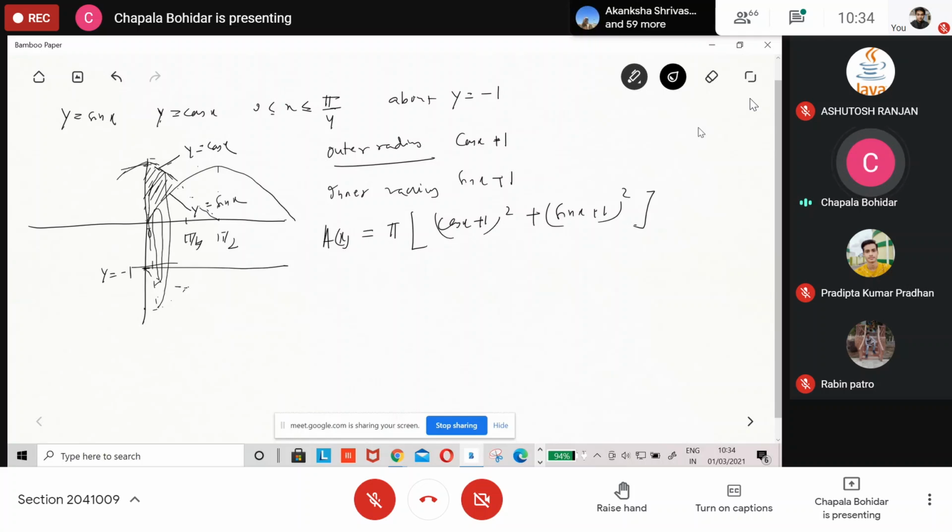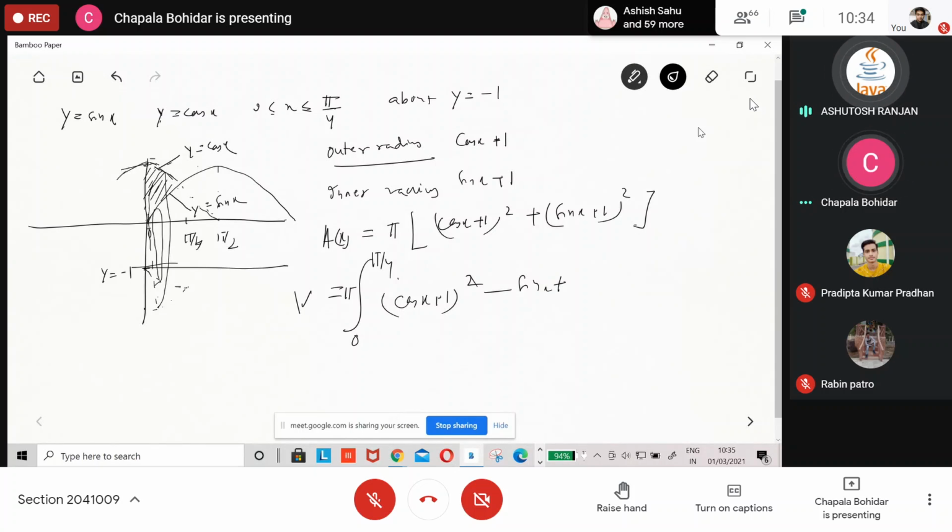Okay, so now V is equal to the integration from 0 to pi by 4, as already given here. Then I am writing pi outside, cos x plus 1 whole square minus sin x plus 1 whole square.